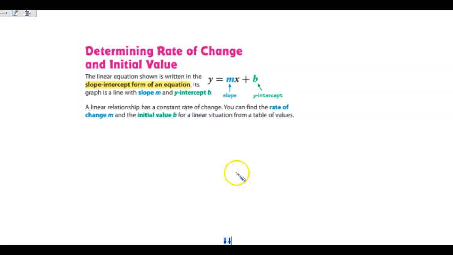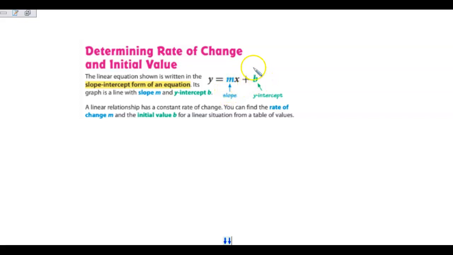We can determine the rate of change and the initial value. The linear equation shown is written in the slope-intercept form of an equation. Its graph is a line with a slope of m and a y-intercept b. The slope is m. We use m for slope because it's talking about the movement of the line, looking to see if it's rising or if it's lowering.